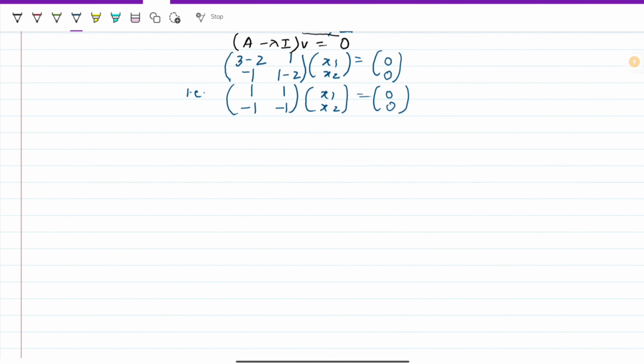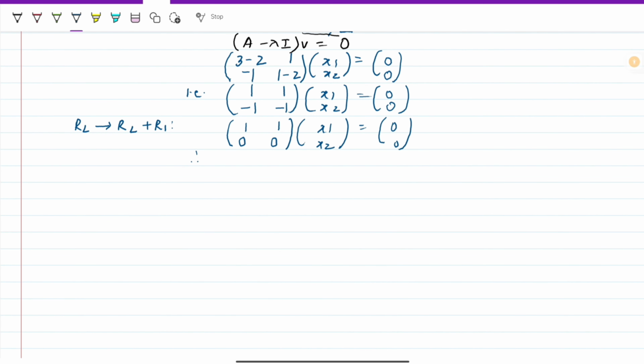On R2 we perform R2 changes to R2 plus R1. This gives us first row unchanged and the second row becomes 0, 0, and here we have x1, x2 is equal to 0, 0.